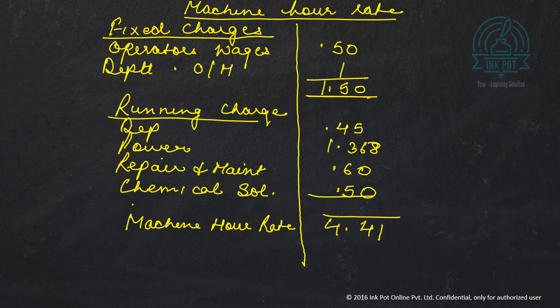So when you total this, you will get the answer 2.92. So this is how we do questions for machine hour rate.